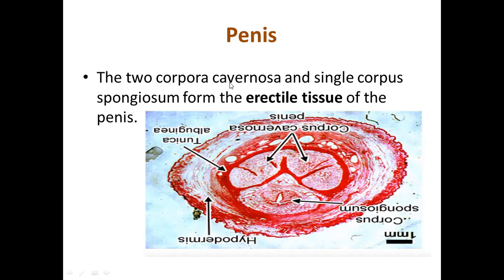So these two corpus cavernosa and the single corpus spongiosum form the total erectile tissue of the male copulatory organ, and the sinuses inside them engorge with blood from the arterial side.